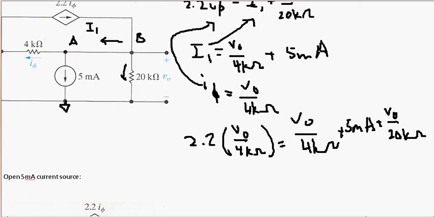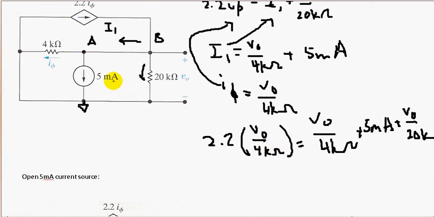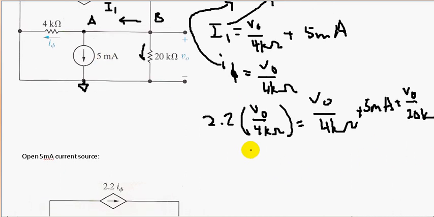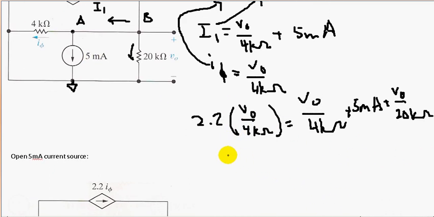See, now we have one equation and one unknown. Our one unknown is VO. It's just VO due to this 5 milliamp current source.